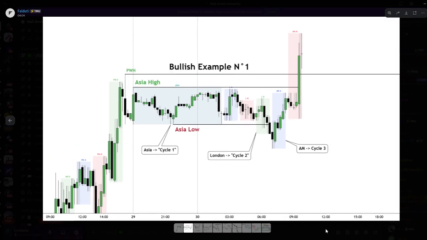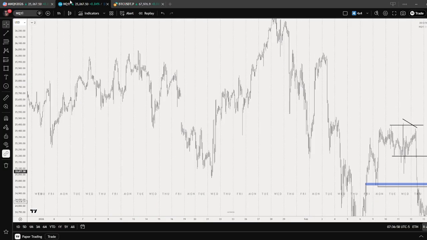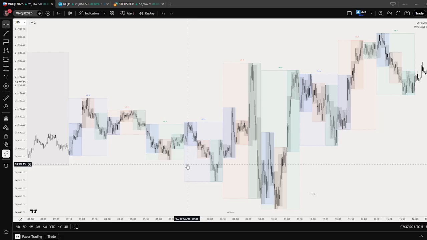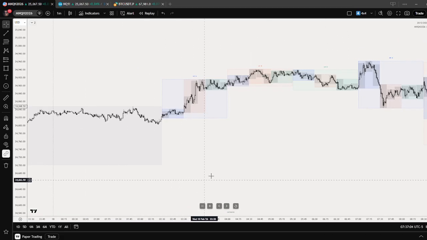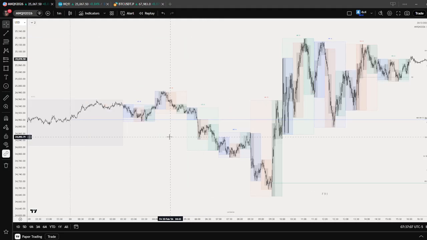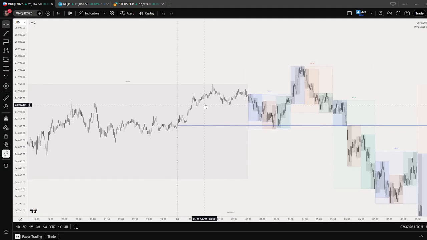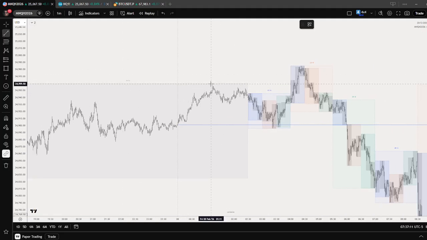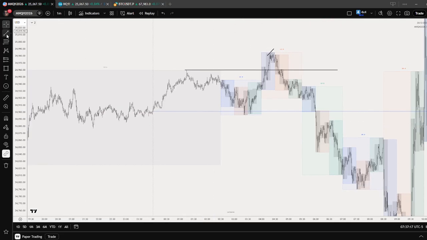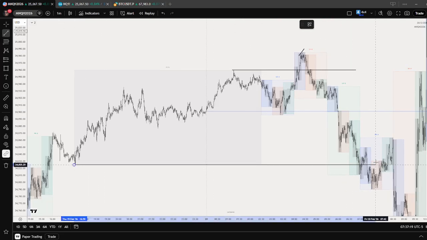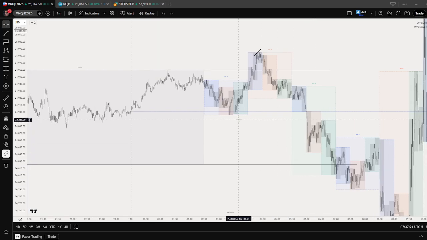Oh, now I have a good idea what I want to show you. Take a look how London was delivering for the past 2 days. It was very clean. Here's the Asia edge. We got the perch, we got the 10 minutes time cycle on the high, and what happens next? Revert to the Asia low.